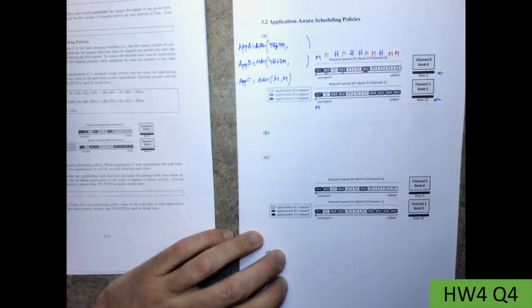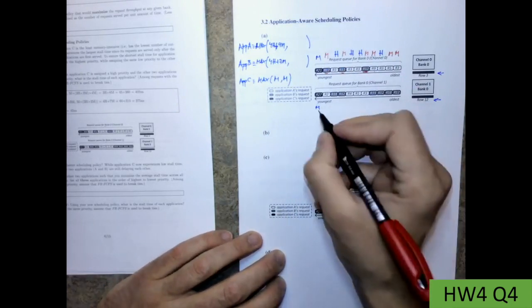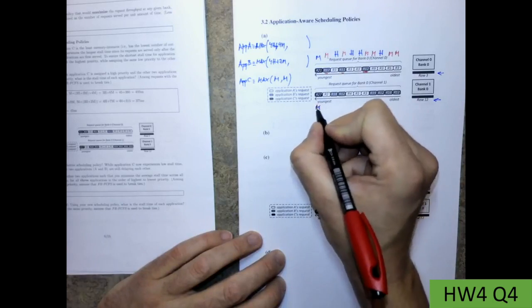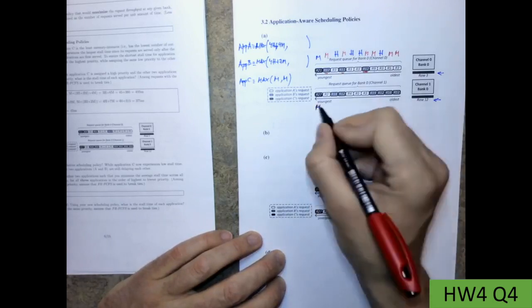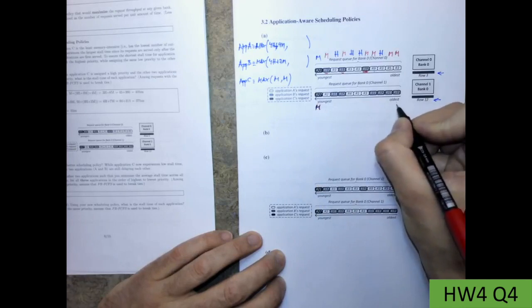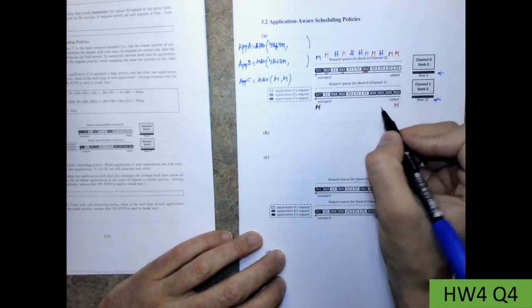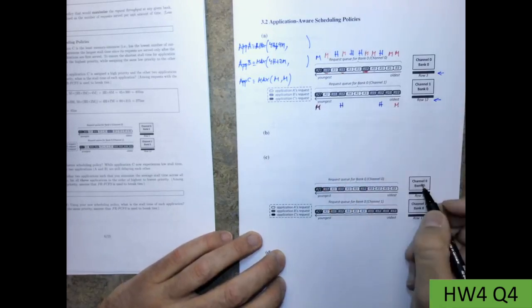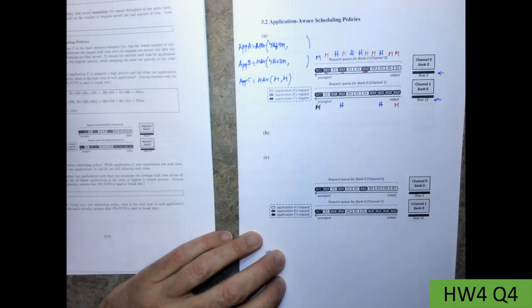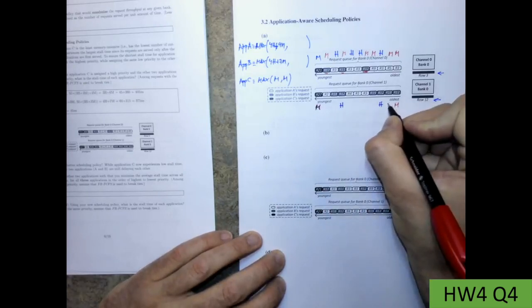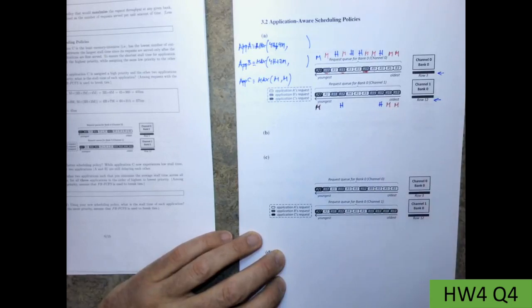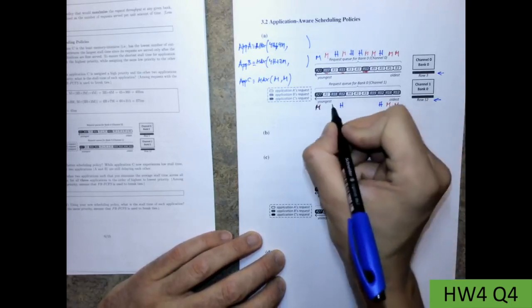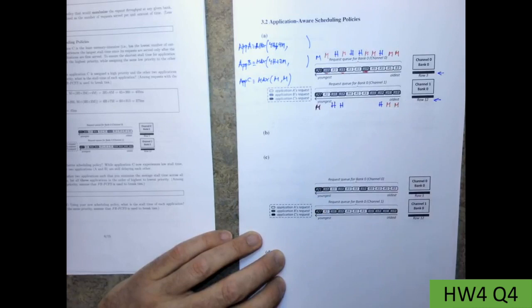And now let's take a look at channel 1. For channel 1, after serving this miss, this access to row 27, we go to row 12. And once row 12 is open, we can hit with this request and hit with this request from application B. Then we go to the next request in queue, a miss for R18, and then we can hit here.